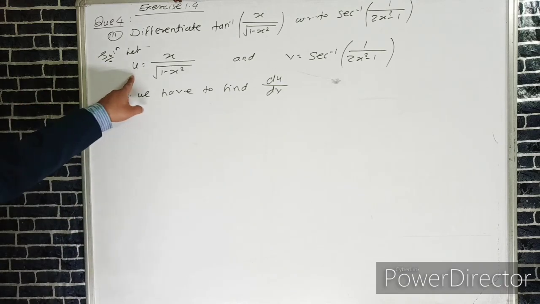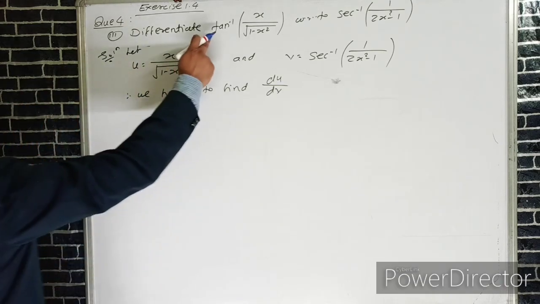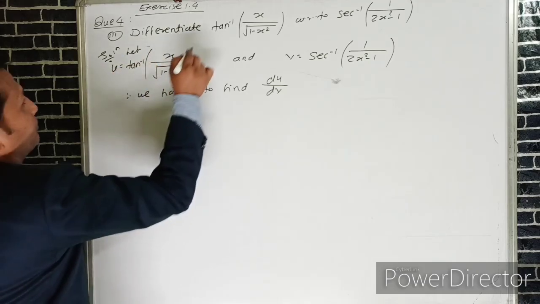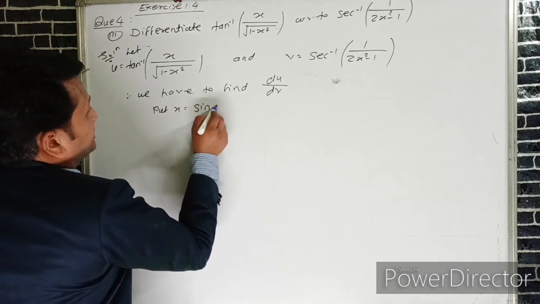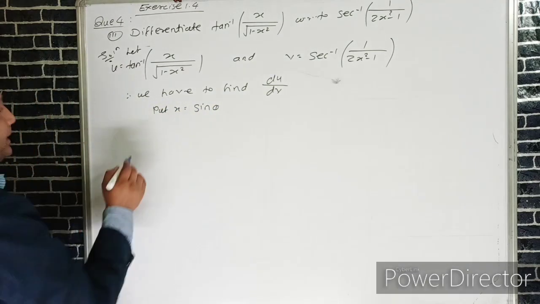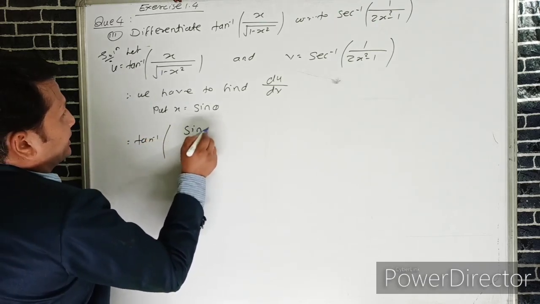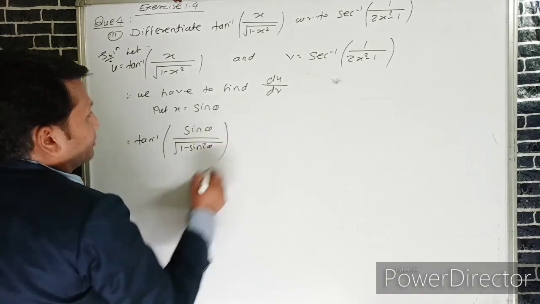In u, we put x is equal to sin theta, so we can write u as tan inverse of sin theta upon under root of 1 minus sin square theta.